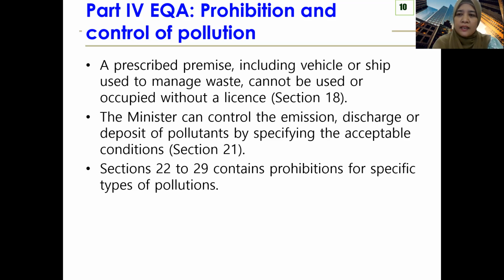Dikata di situ kenderaan dan juga kapal. So that means that premise includes buildings, vehicles, ships, used to manage waste. In terms of the vehicles and the ships, these refer to those used to manage waste saja, for waste management. Cannot be used, cannot be occupied without a license.